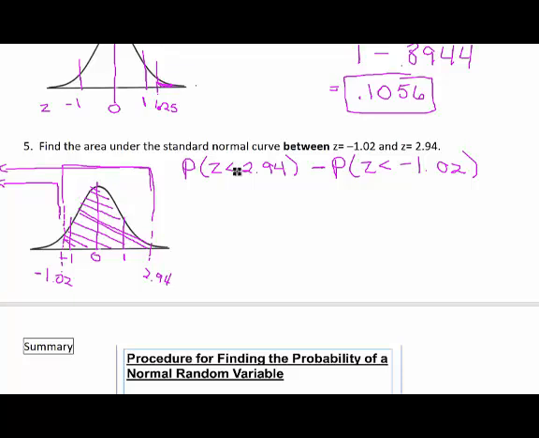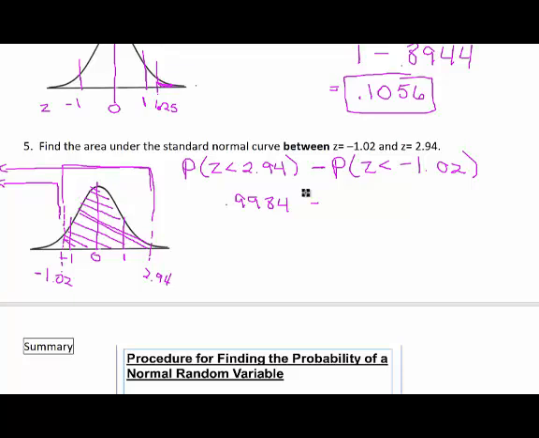Okay, so you just look both of those up. You're going to go to 2, which is pretty far down on your chart, 2.94. I got 0.9984. That's what I got for this one. And then also on your chart, you can go to negative, so that's going to be at the top of your graph, negative 1.02.